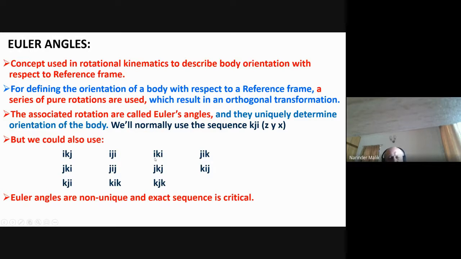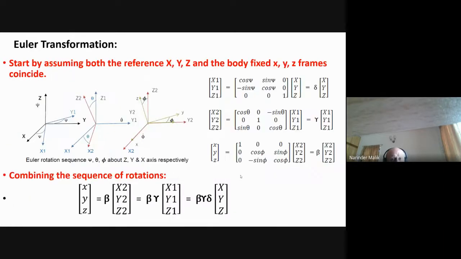The number of combinations you can take is large. So the final result is that Euler angles are non-unique and the exact sequence is critical. You should know in which sequence you used the rotations to be able to properly interpret the information. That is the biggest problem with Euler angles.